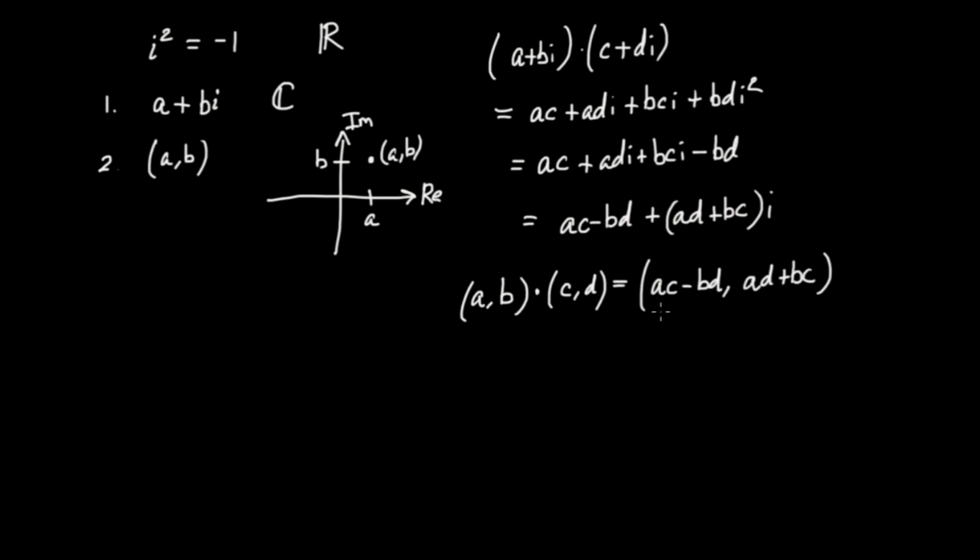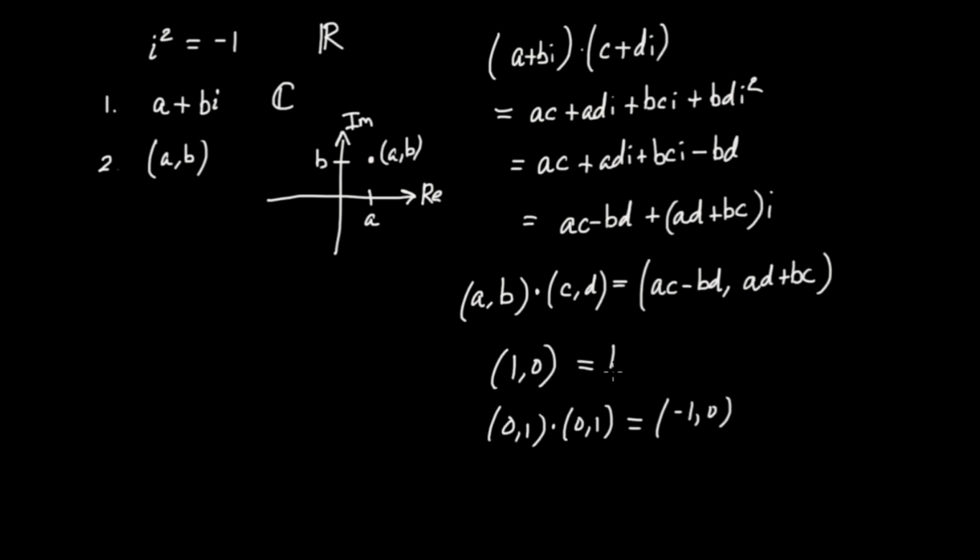And this definition is very interesting too, because just by following this rule that we've defined, you can see that the ordered pair (1, 0) behaves like 1, in that if I have (1, 0) and I multiply by any other complex number, that will not change the complex number. It acts like a 1, seeing as how multiplying by 1 doesn't change anything. And in addition, if you take this other ordered pair, (0, 1), and you multiply by itself, that is to say you square it, you get (minus 1, 0).